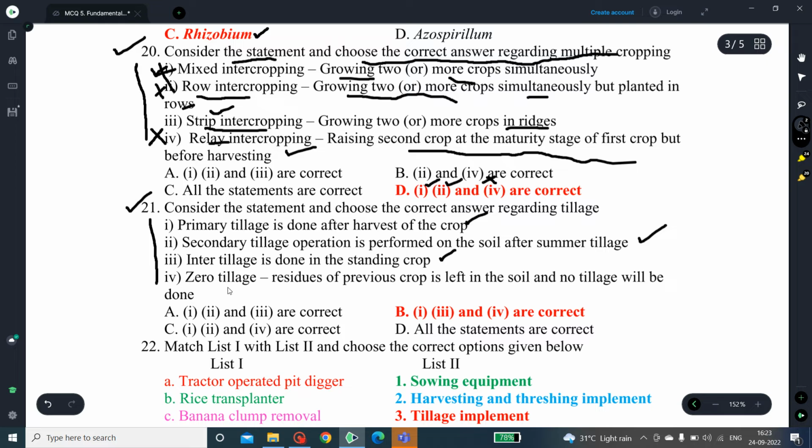Zero tillage, residues of previous crop is left in the soil and no tillage will be done. Among the four statements, the statement 1 and statement 3 and fourth statement are correct, and wrong statement is second statement.